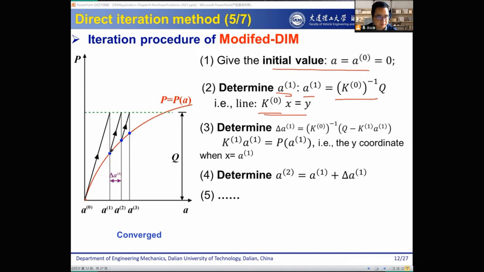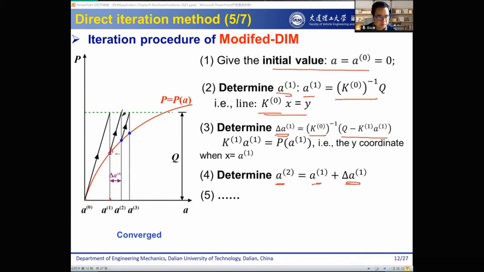So we find A1, and then we need to calculate A2. A2 is A1 plus delta A1. Here we can calculate delta A1 as we use the same slope. This is the same slope, and then we use Q minus those values, this here.